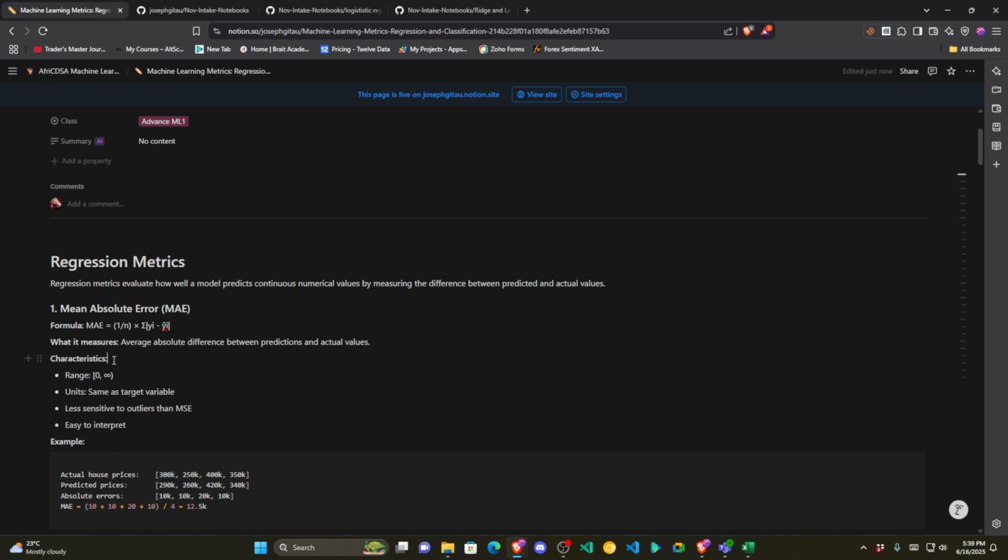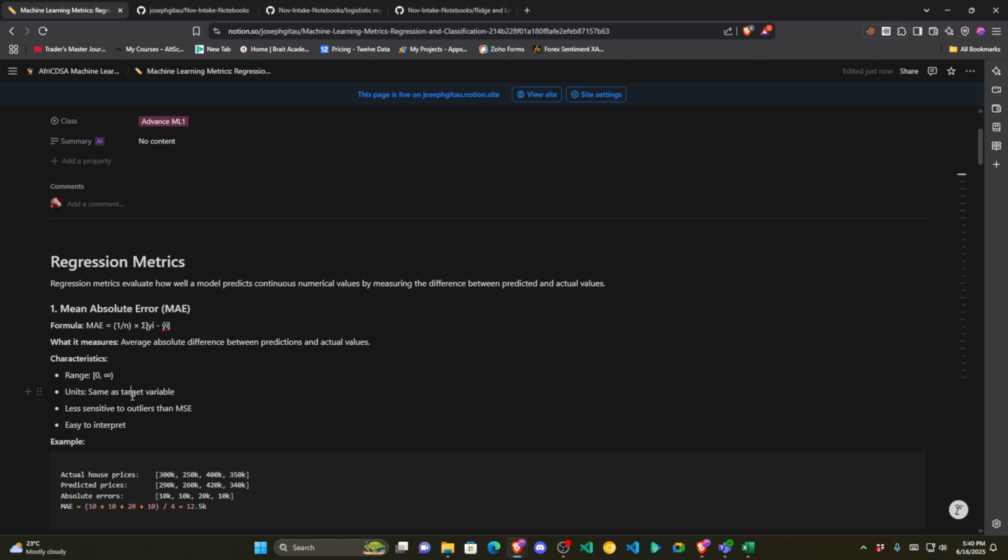So what are the characteristics of this evaluation metric? You would expect it to range between 0 and infinity. If you get negative values as your mean absolute error, then it means there is an issue. You'll have to check your model and confirm that it's okay. Then units, they are the same as the target variable.